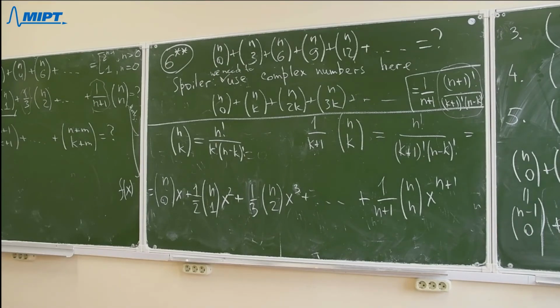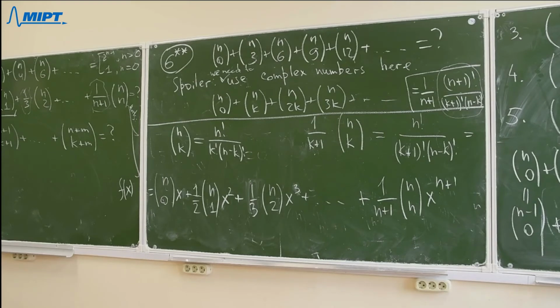This is what you mentioned, no? The first term is n choose 0, and the last one is the same. Why do you have n plus 1 factorial in the denominator?